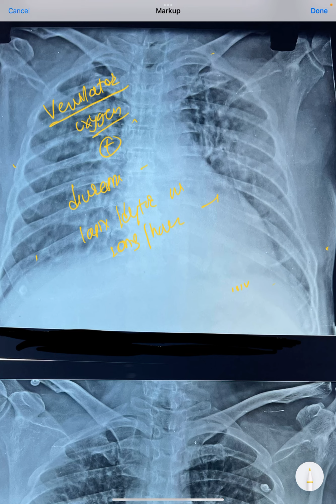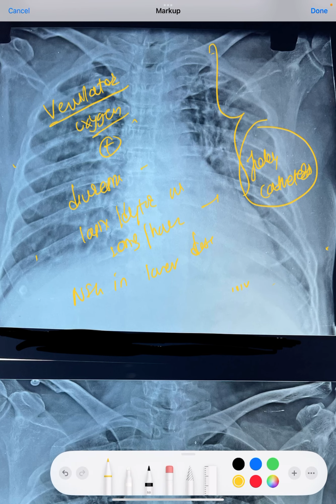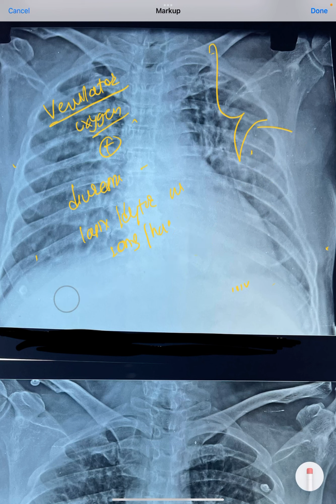We can also add injection NTG in a lower dosage to reduce the shortness of breath. But most of the time, the ventilator plus diuretics act as an excellent tool. Doing Foley's catheterization to measure the urine output per hour is very useful. And if the patient is made negative by around 1500 to 2 liters, the patient's tachypnea is usually markedly improved.